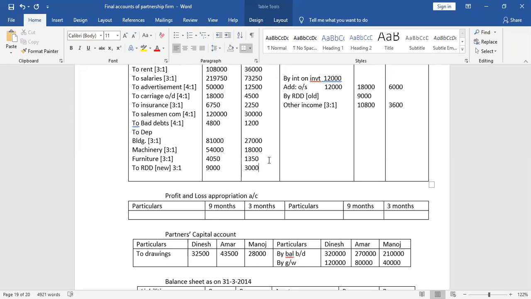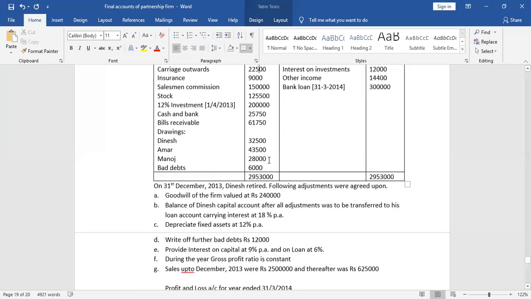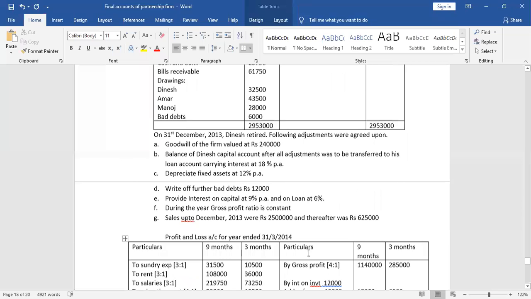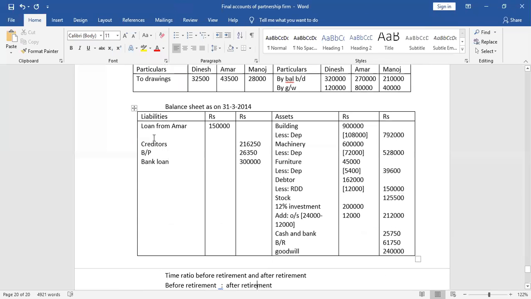Now what is there? Next adjustment. Provide interest on capital 9% and on loan 6%. So पहले लोन का करते हैं. ये लोन में add outstanding interest, कितना परसेंट? 6%.